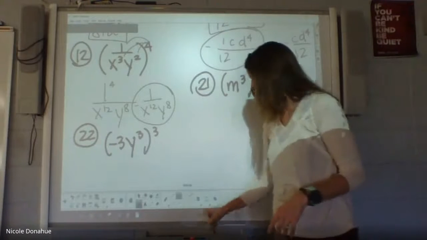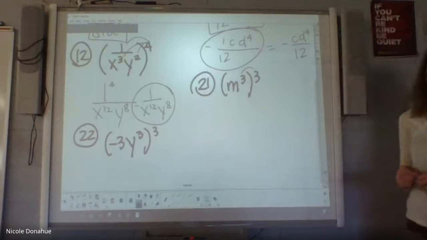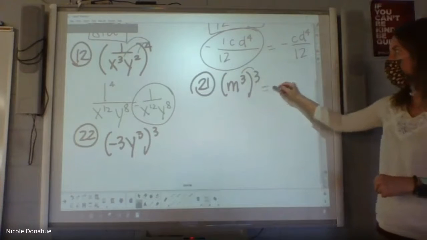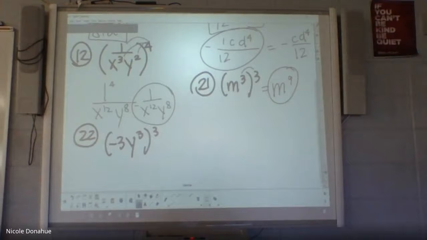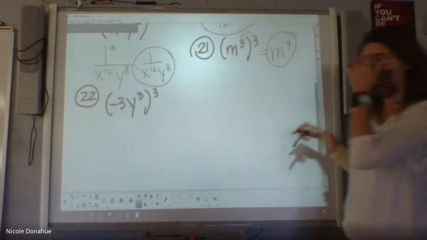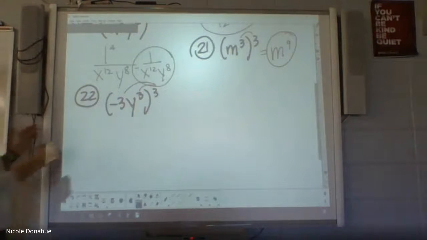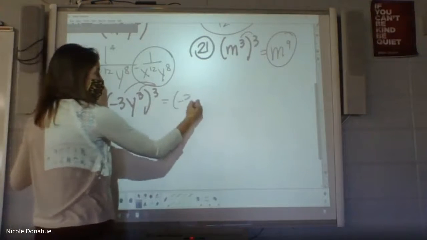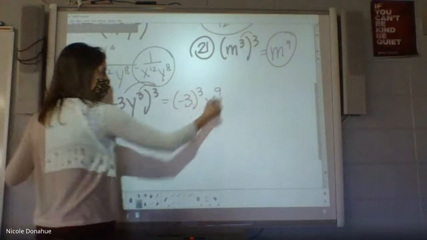So in 21, this has to be distributed and power to a power we multiply. So 3 times 3 is 9. In 22, same thing, except we have 2 places to distribute it now. So it goes here, but then also to that -3. And then 3 times 3 is 9.